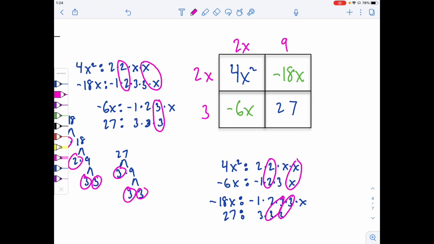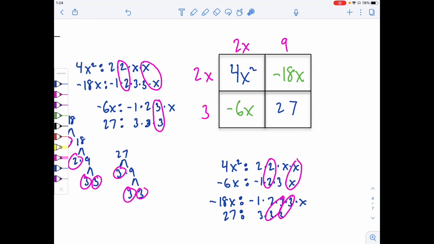Okay, so let's check ourselves. Does that work? If we multiply it out, 2x times 2x is 4x squared. 2x times 9 is positive 18, right? 3 times 2x, positive. Okay, so this is a special case right here.